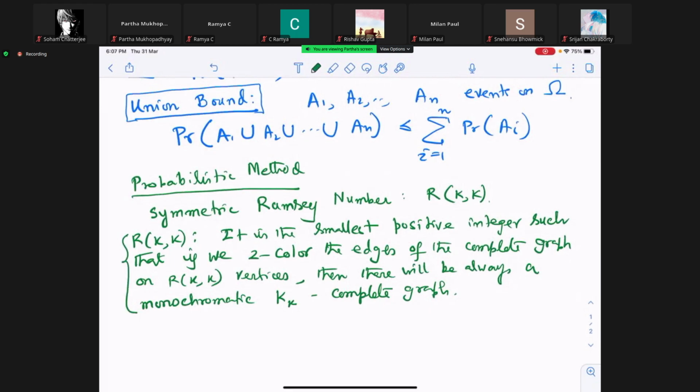R(k,k) is a special number in combinatorics that is due to Ramsey. It's called the symmetric Ramsey number. What it says is quite amazing.